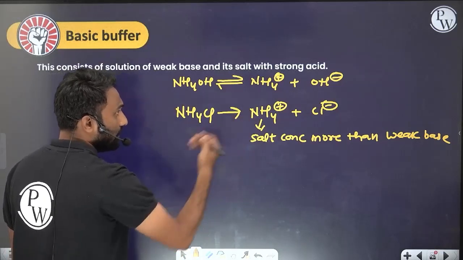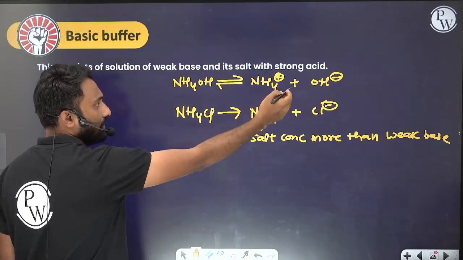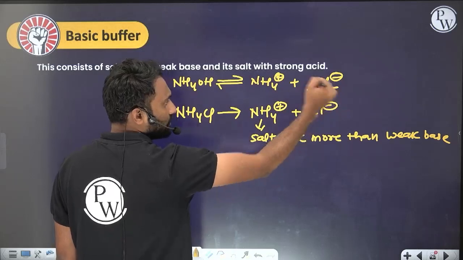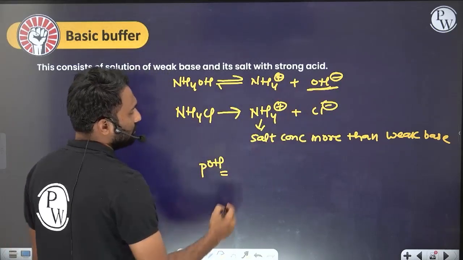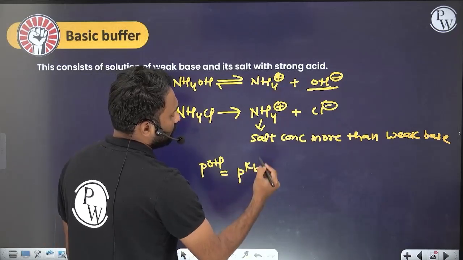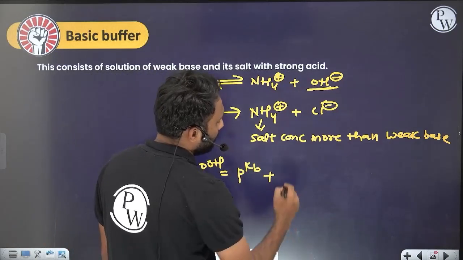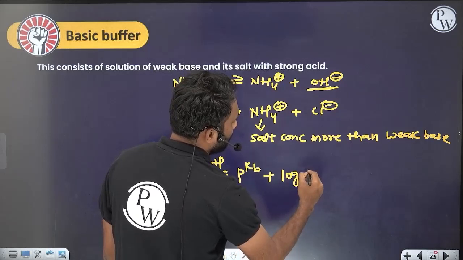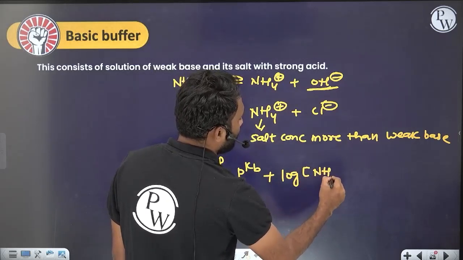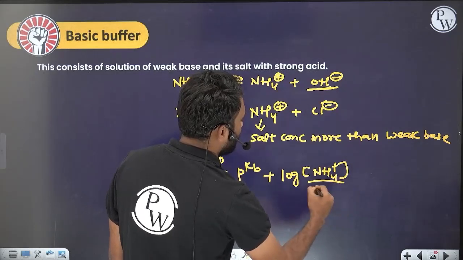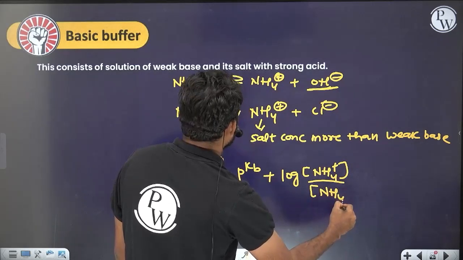Now this is Kb, because here we have OH, so pOH. This will be pOH is equal to pKb plus log of concentration of NH4 plus by concentration of ammonium hydroxide.